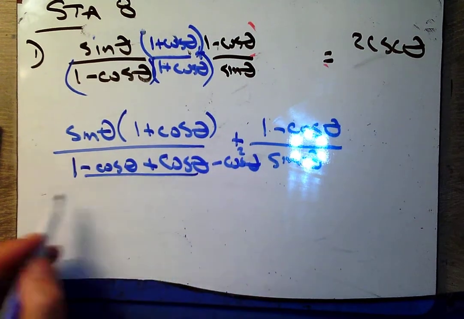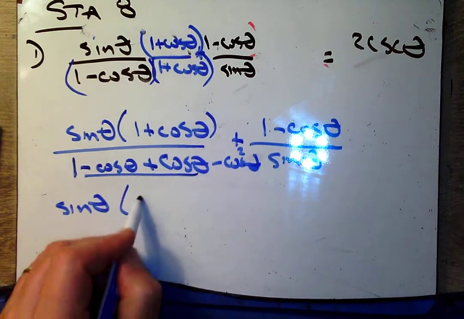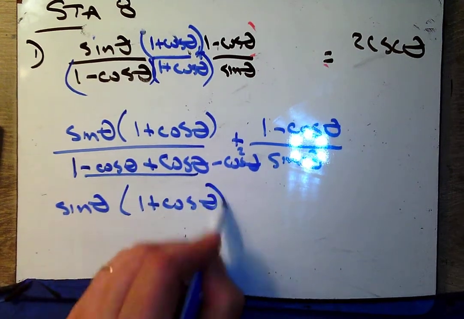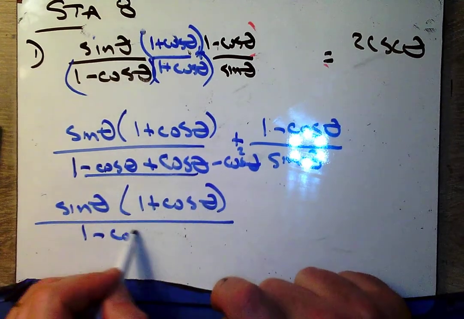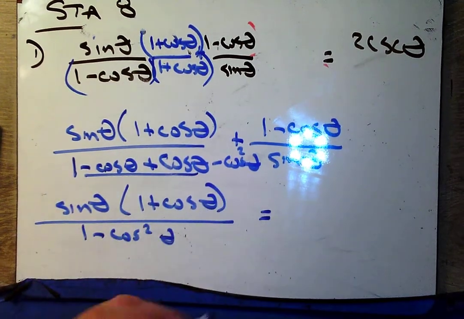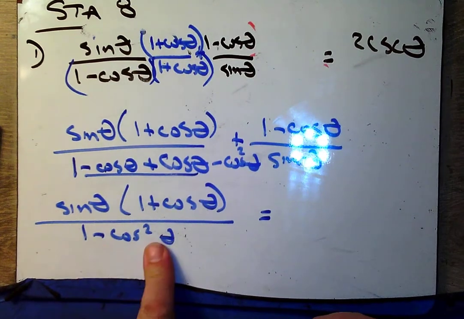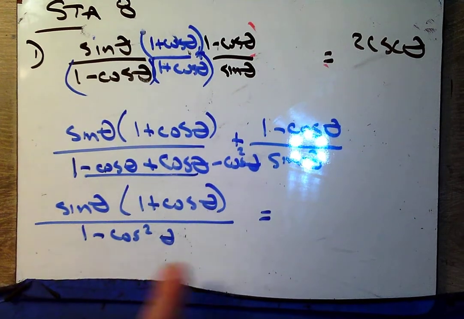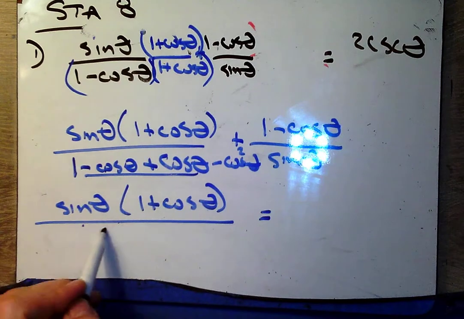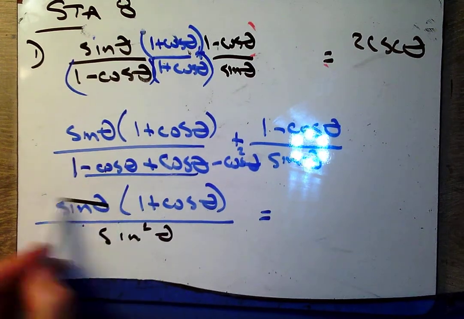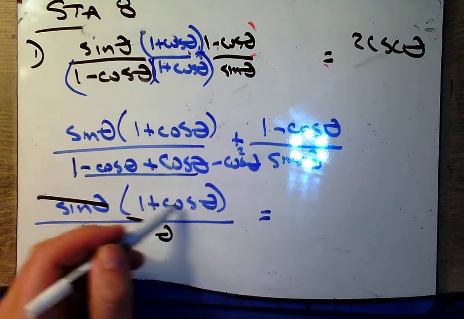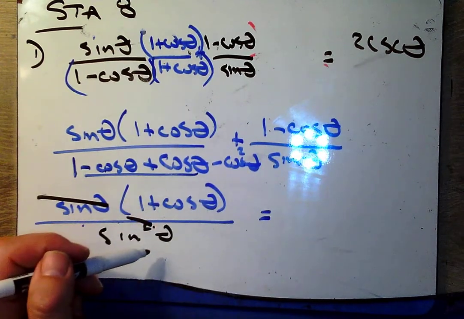Well, these cancel. And on the bottom, because these cancel, we have 1 minus cosine squared. Okay, what is 1 minus cosine squared? From my Pythagorean identities, I know that's sine squared. Oh, cool. Look. Now I have 1 plus cosine over sine.